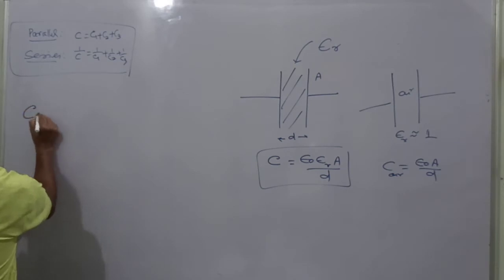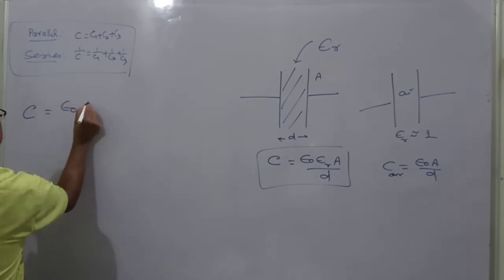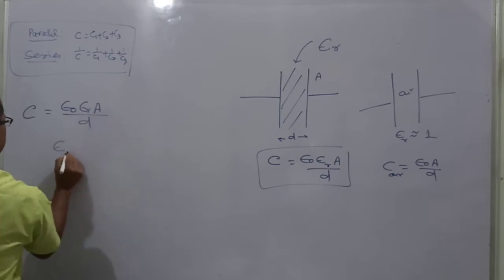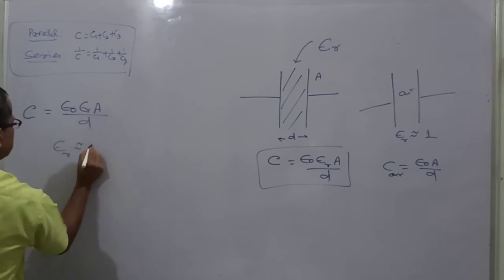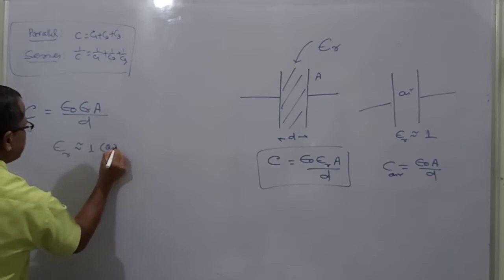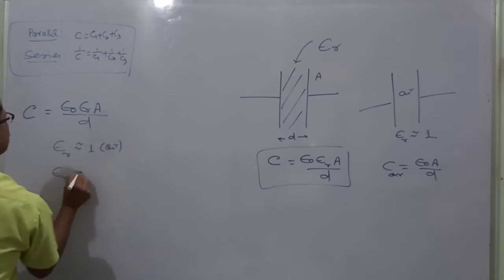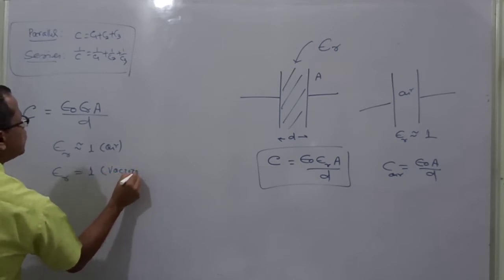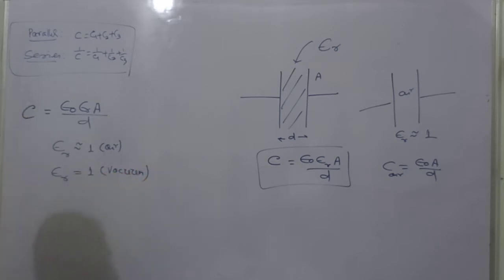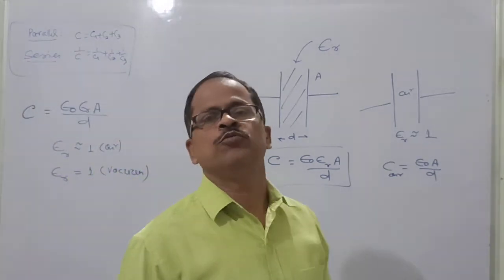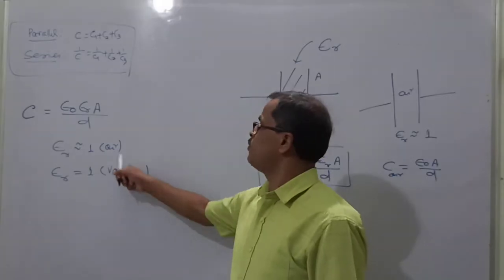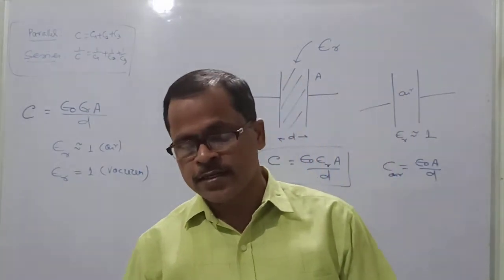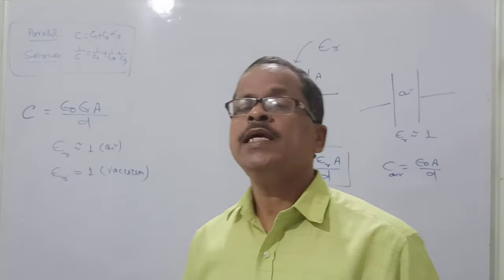The capacitance of a parallel plate capacitor is epsilon 0 epsilon r A by D, and remember epsilon r is approximately 1 for air and epsilon r is equal to 1 for vacuum. Vacuum is spelled V-A-C-U-U-M, don't be confused. So this is the information we suppose we know. Now based on that, let us calculate the capacitance of some of the capacitors.